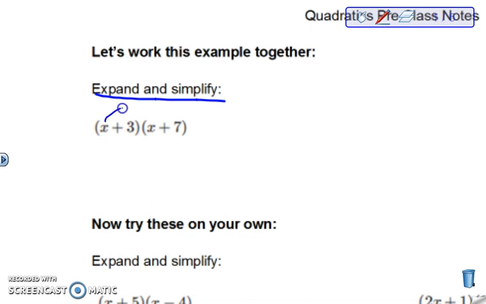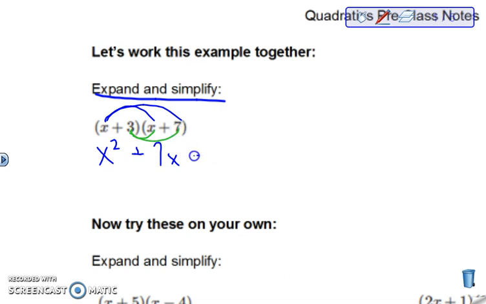Right? So if we were distributing, we're going to multiply the x to both terms. So x times x, x squared. x times 7, 7x. And then we're going to do the same thing with the 3.